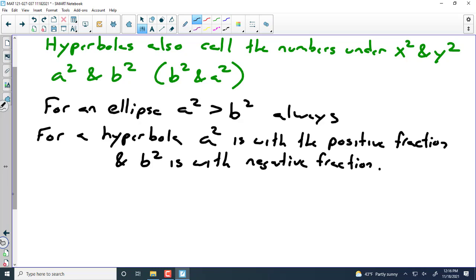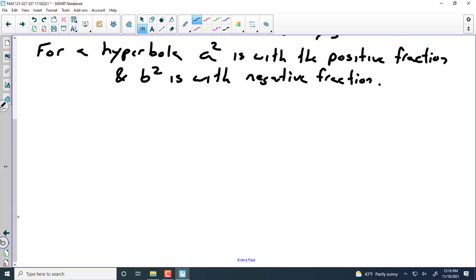It is annoying because they use the same vocab, but they follow different rules. And I know that's annoying. That's why I wanted to make sure I got this idea out to you before we went on fall break. For an ellipse, a squared is always bigger. I will keep saying that to you. But for a hyperbola, a squared is with the positive fraction and b squared is with the negative fraction every single time.